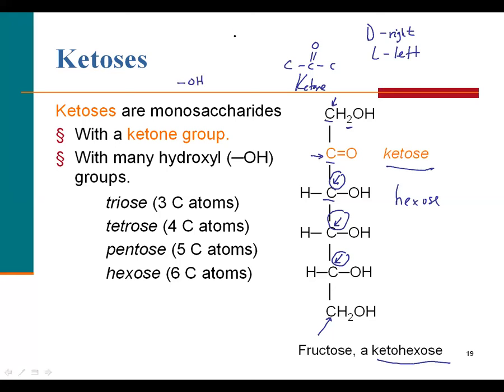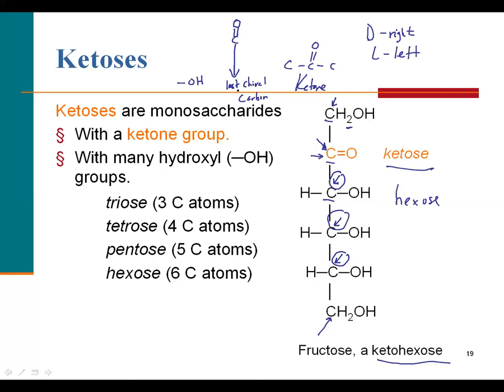We're talking about wherever that carbon-oxygen double bond is located, which in this case is right here. We're looking for that OH group on the last chiral carbon, that last chiral carbon from the carbon-oxygen double bond.